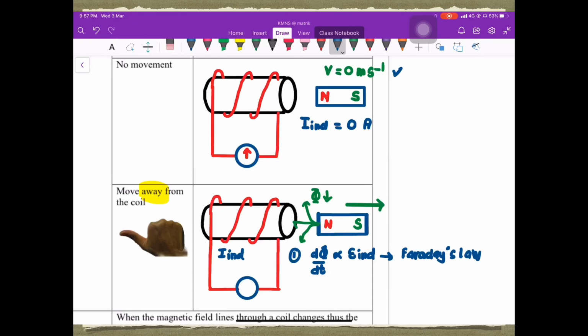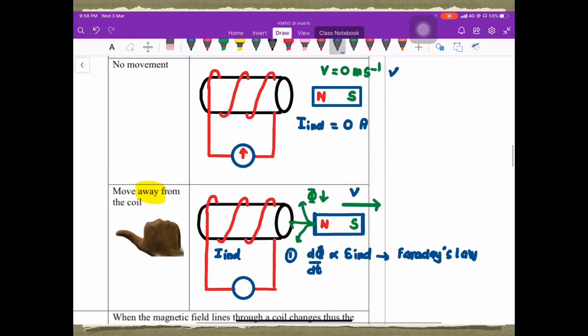So how do we show the direction of induced current? The direction of the induced current is always opposite to the change producing it. When the bar magnet moves away from the coil, the magnetic flux is decreasing.